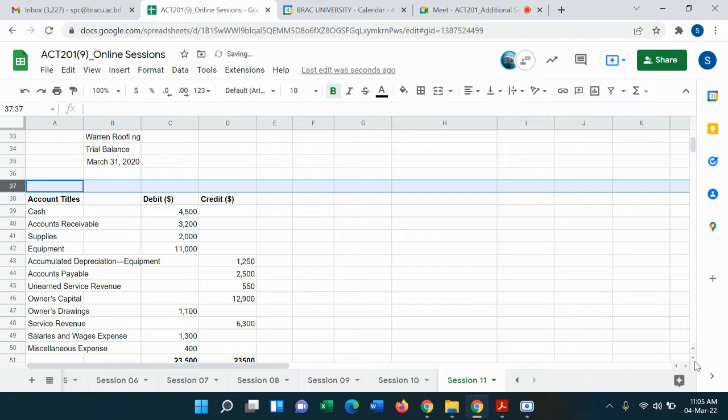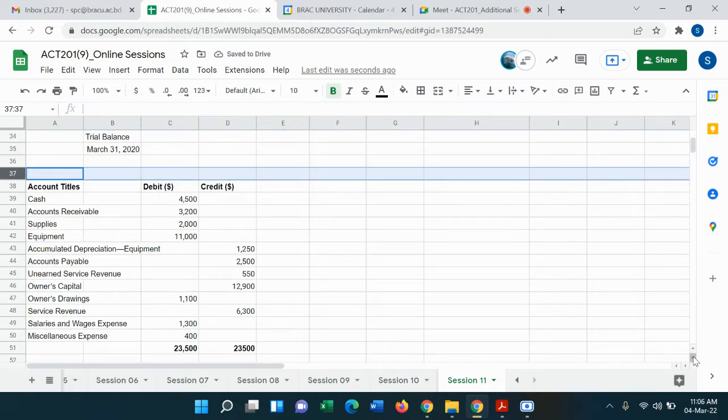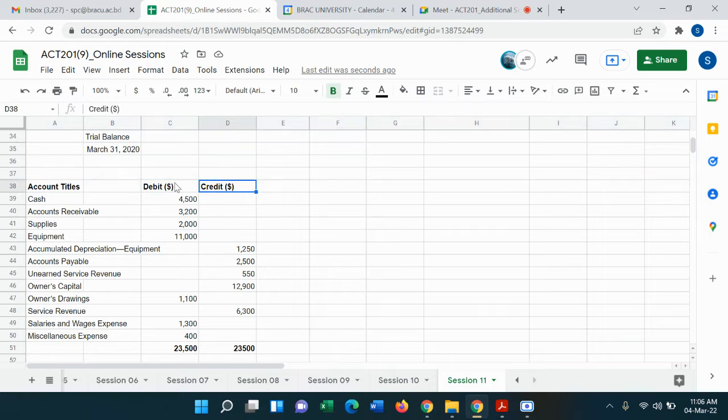We have to prepare the adjusted trial balance. Through the general journal, we need to transfer to the ledger, then from the ledgers we prepare the adjusted trial balance. But in the previous sessions we also have seen how we can prepare the adjusted trial balance directly by a statement.